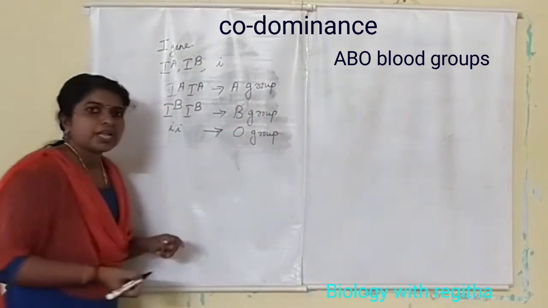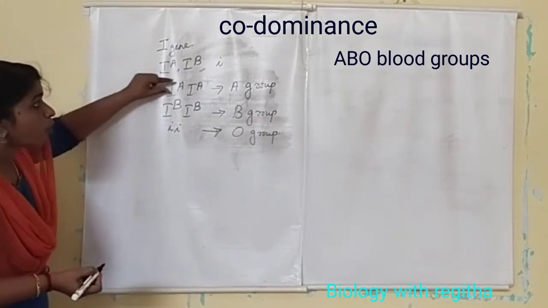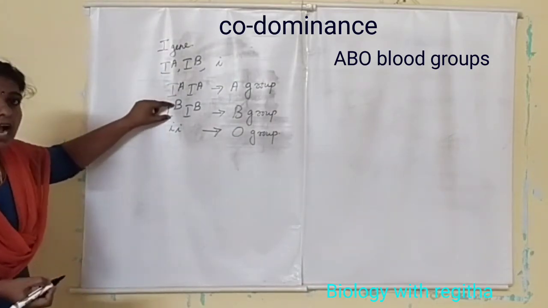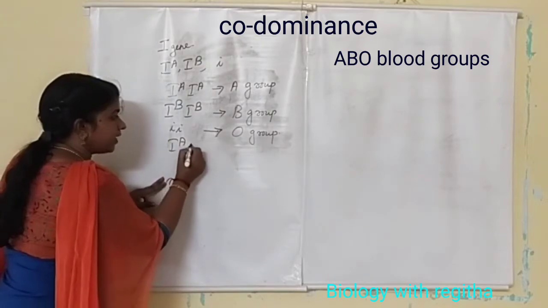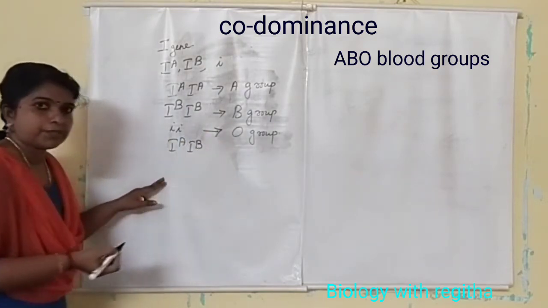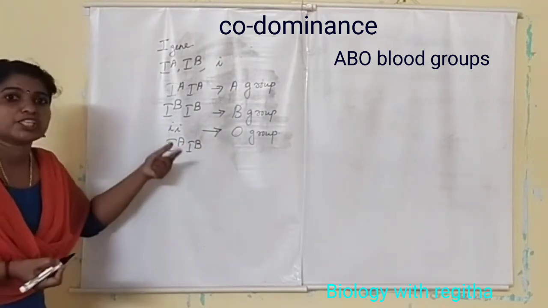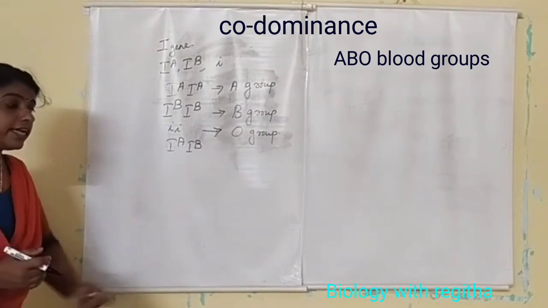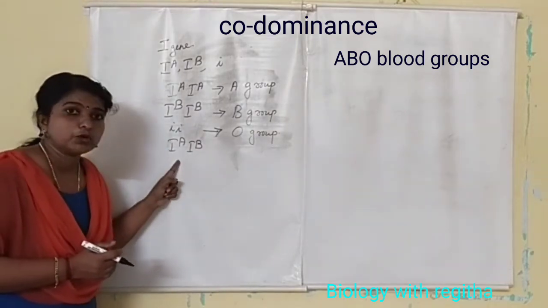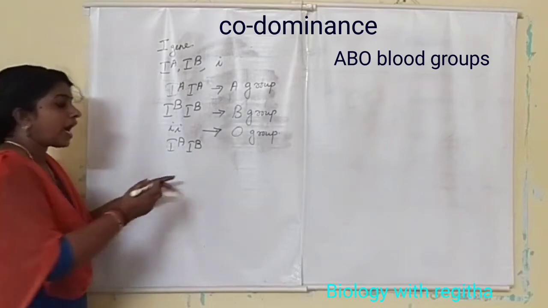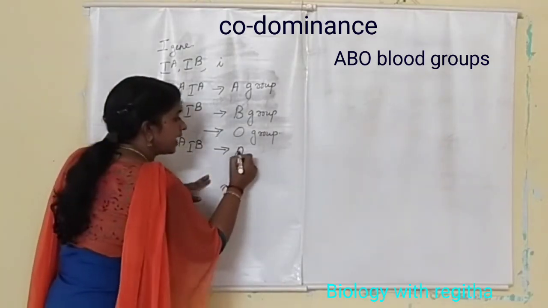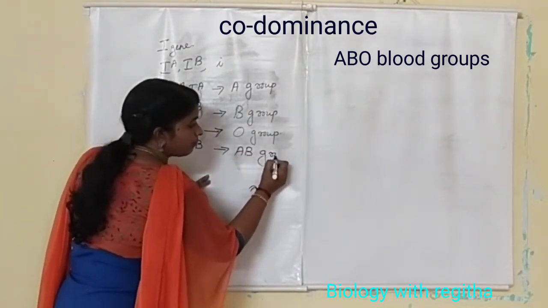Then think about if both IA and IB come together, which one will express there? Here, in the case of this blood group, both the genes express together, and that results in AB group.